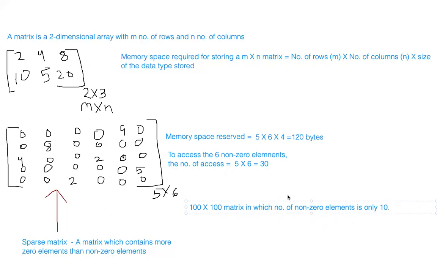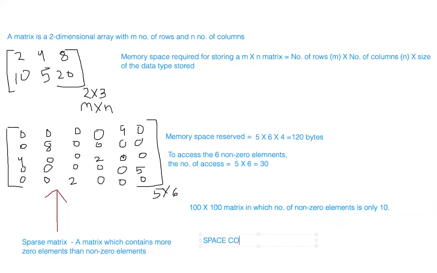So this is the reason why the sparse matrix representation is of utmost importance, because sparse matrix is used in different kinds of applications like machine learning, which is a very growing field nowadays. And if people are programming like that, they need to know the efficient way of storing a matrix containing more 0 elements. Here the time complexity is not of much importance, but rather the playing factor is the space complexity.